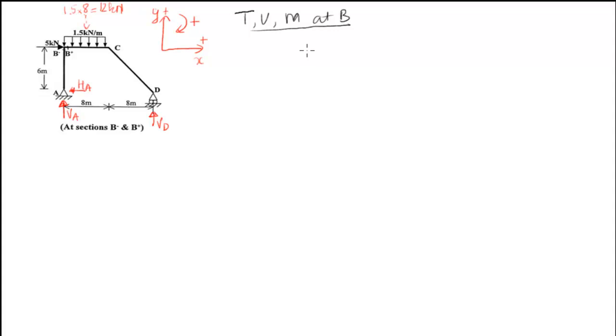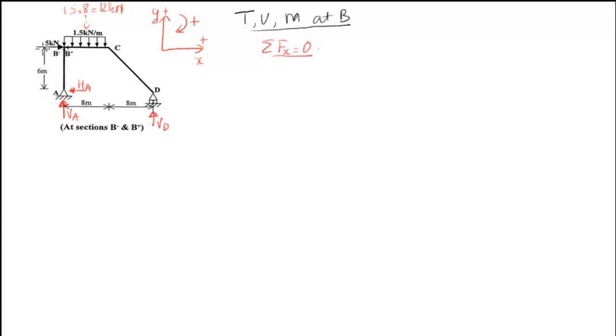So to find these three reactions, we're gonna take sigma Fx, sigma Fy and sigma moment, the equilibrium equations, okay. If we take sigma Fx, we got 5 kilonewton in X, and HA is in X as well, so only two forces in X, one known, one unknown, so we can find HA easily, right? So I'll take sigma Fx equal to 0.